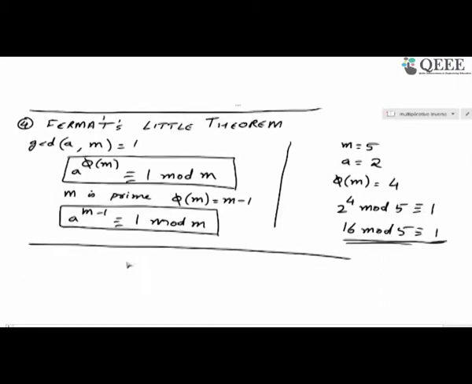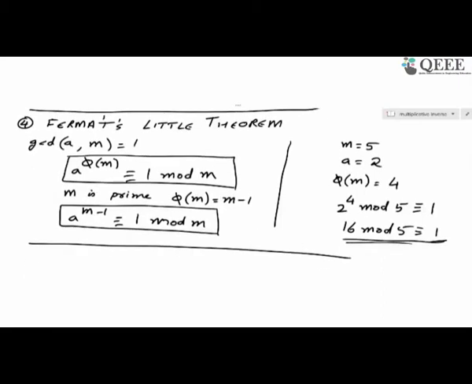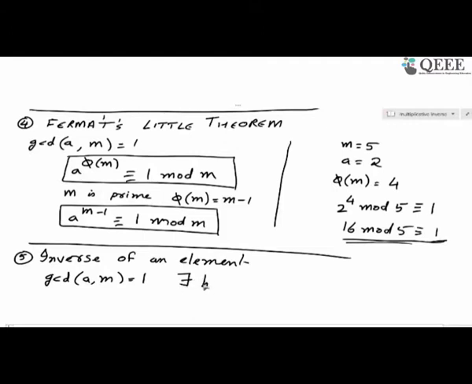Okay, so another thing which we actually looked at was the inverse of an element. So again, by definition, if the GCD of a comma m is equal to 1, then there exists some element b such that a into b mod m is congruent to 1.